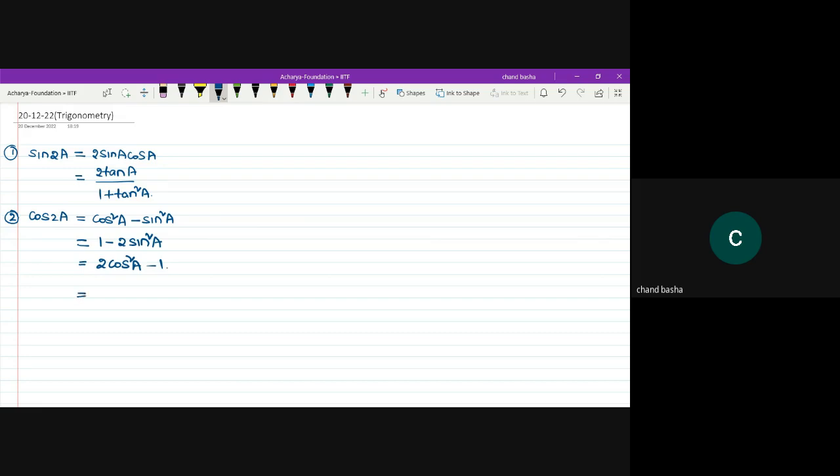We can also write it in terms of tan: 1 minus tan square A divided by 1 plus tan square A. So in total there are 4 forms for cos 2A.